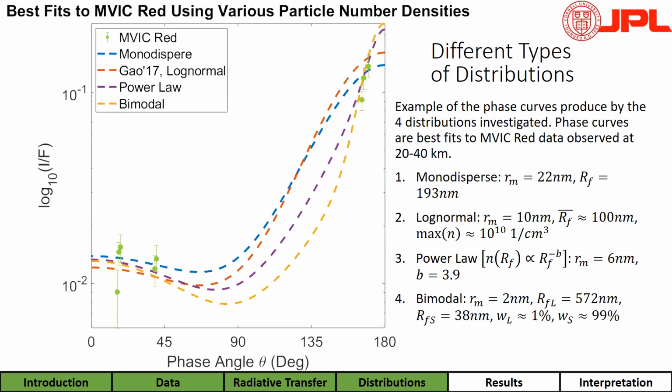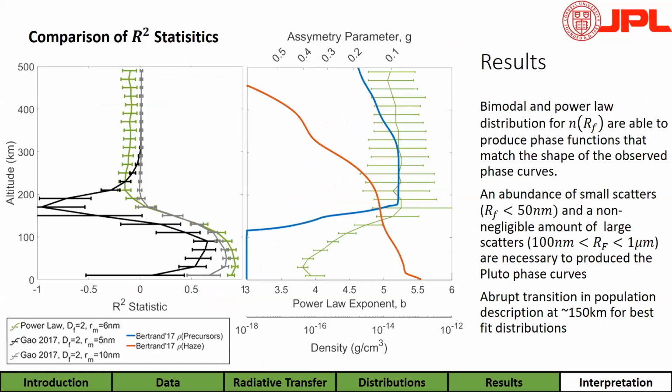So monodisperse and log normal are not able to describe that. However, a power law and a bimodal distribution are both able to simultaneously describe that phase curve. So the distribution of particles in Pluto's atmosphere comes from either a bimodal or a power law distribution.